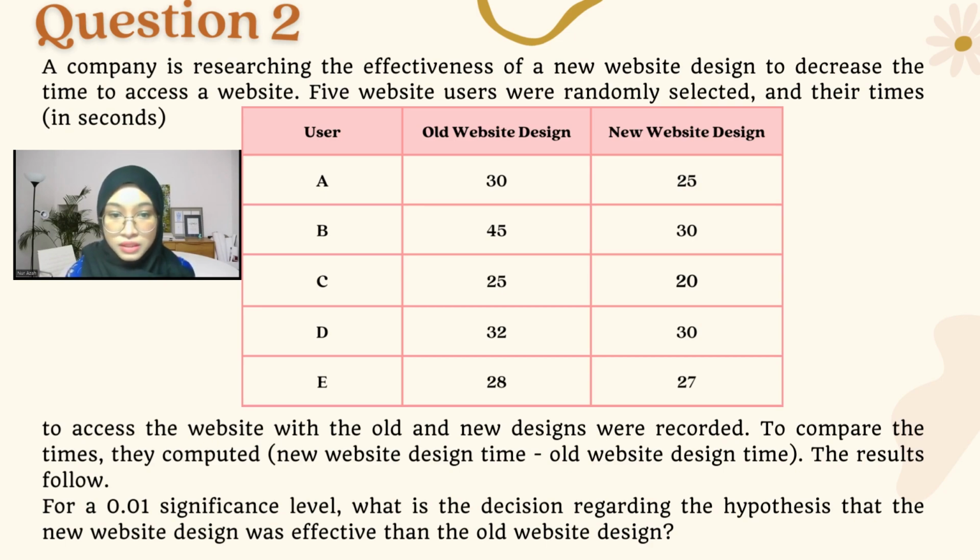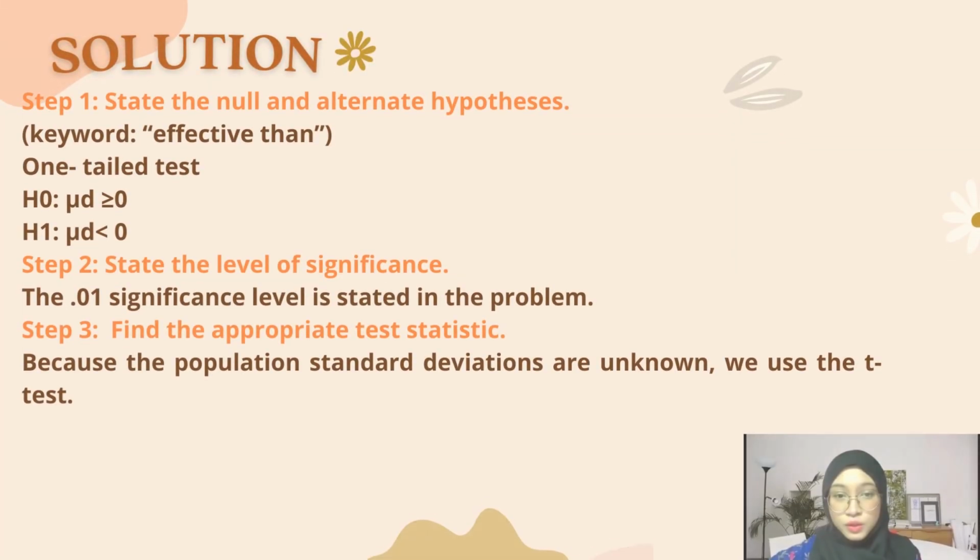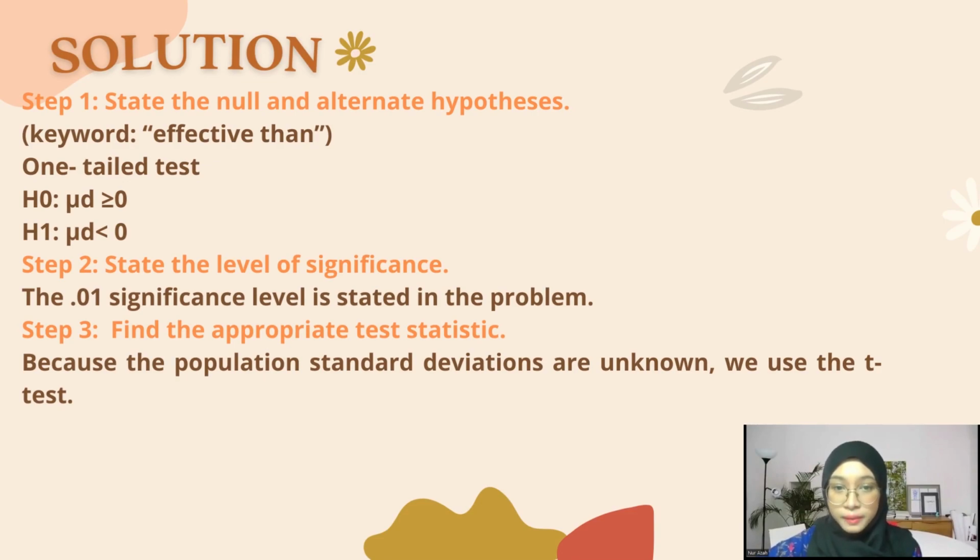To compare the times, they compute the new website design time minus the old website design time. The results follow. For a 0.01 significance level, what is the decision regarding the hypothesis that the new website design is more effective than the old website design? The solution. We have 5 steps.